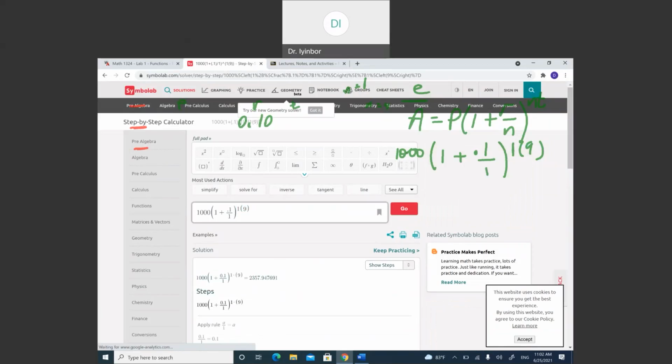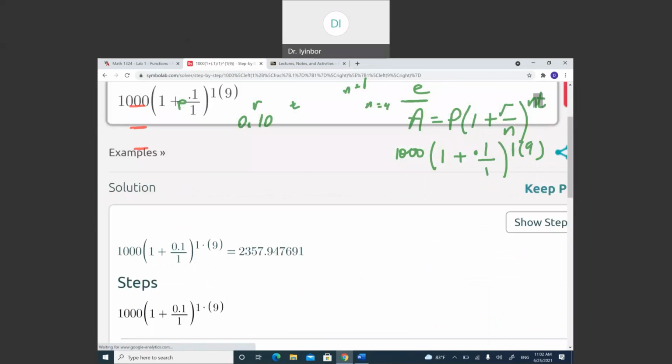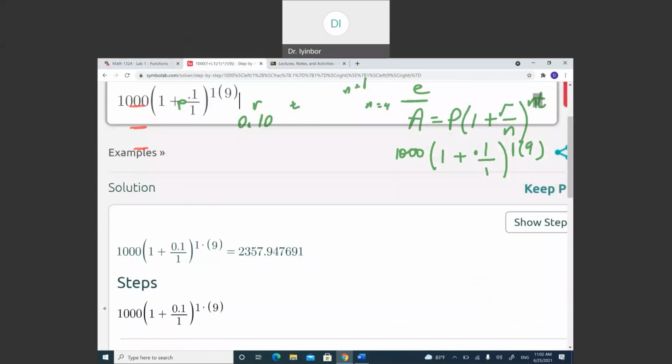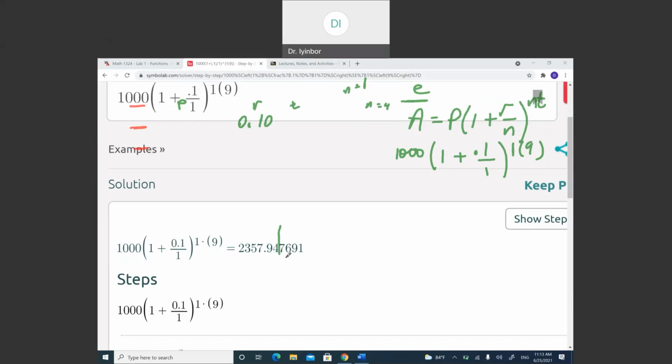Now here we have to round. It says round to the nearest cent. Nearest cent means 2 decimal places. So if you want to round to 2 decimal places, look at the third digit.